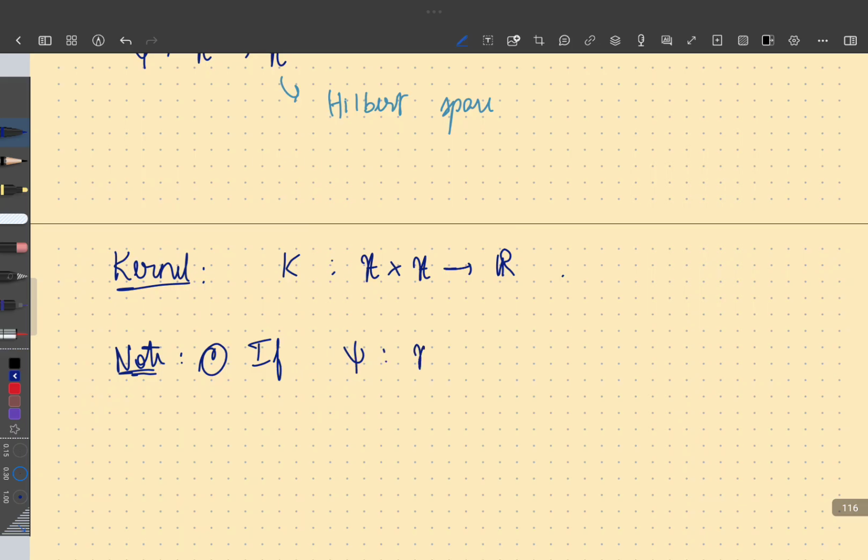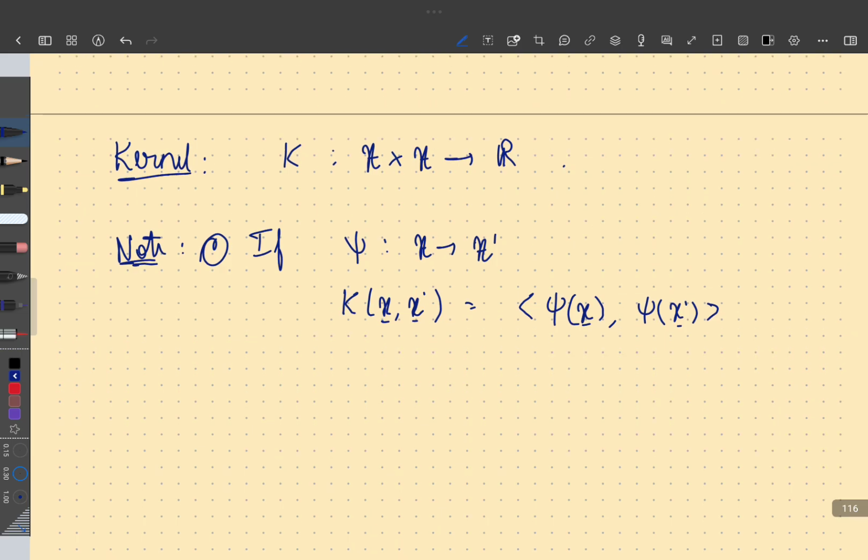So if psi maps X to X prime, then this is the sort of kernel that we're looking for, right? But what properties does this kernel have? It inherits all of the properties of the inner product, right? So it has the following properties.